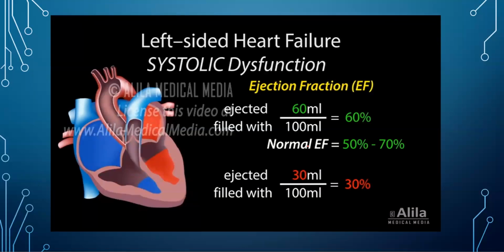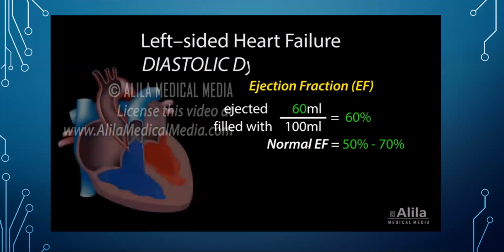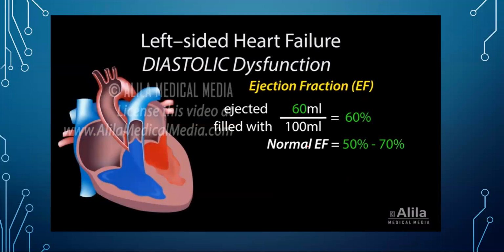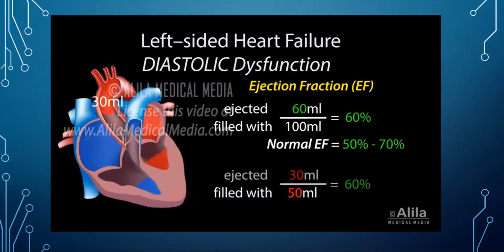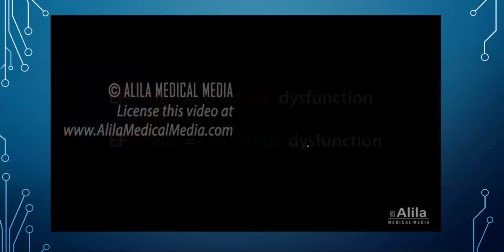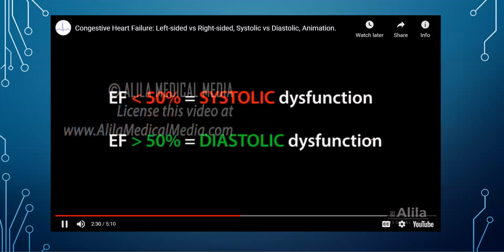In systolic heart failure, it drops below 40%. In diastolic heart failure, the ventricle is filled with less blood. This may be because it is smaller than usual, or it has lost the ability to relax. The ejection fraction may be normal, but the blood output is reduced. The ejection fraction is therefore commonly used to differentiate between systolic and diastolic dysfunction.